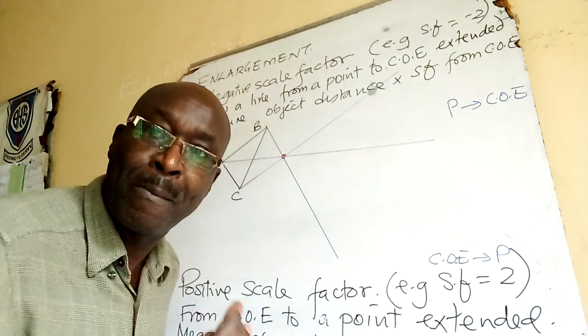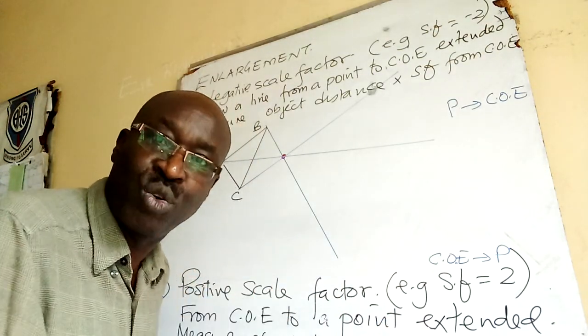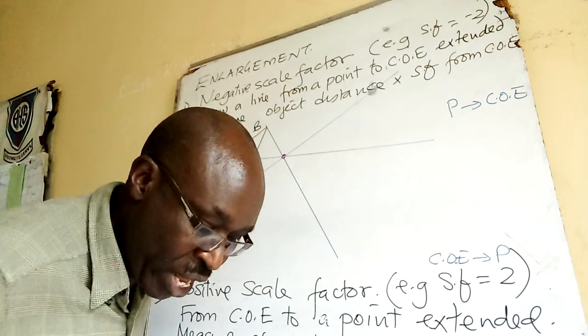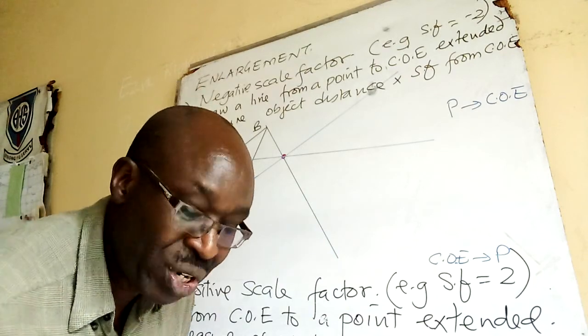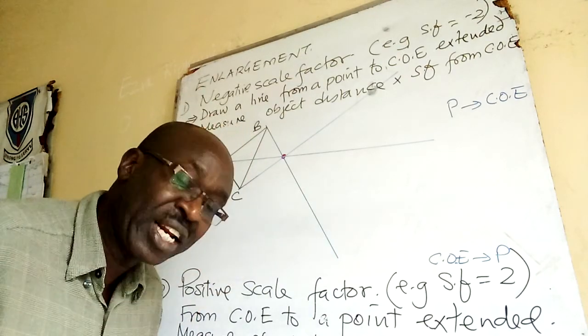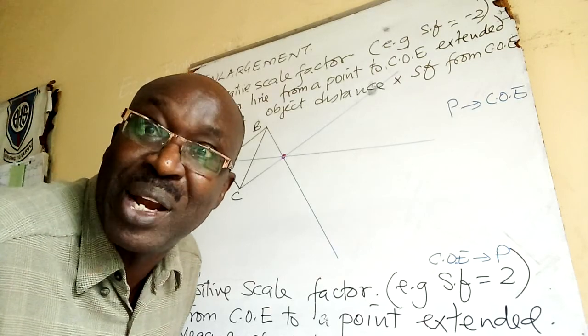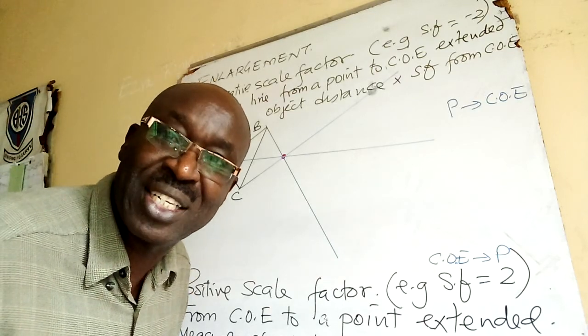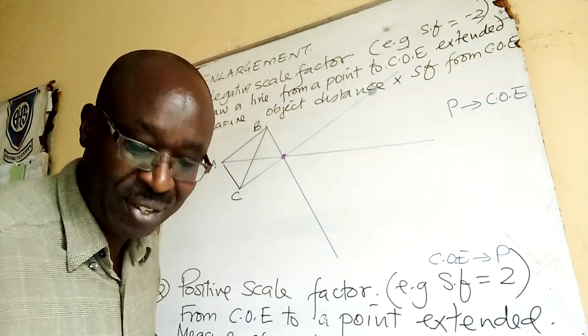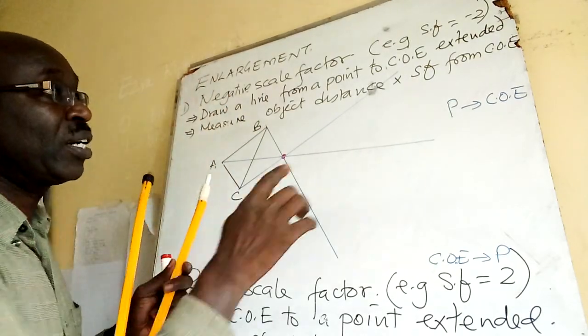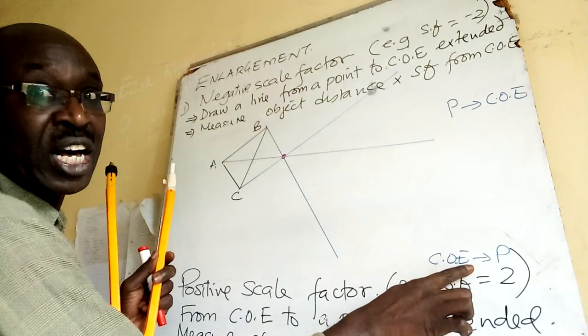We teach you positive scale factor, then we go to negative. So when we teach you positive scale factor, we expect you to take care of direction. Okay? This is about displacements. Displacements have direction and size, right? So let us see now.